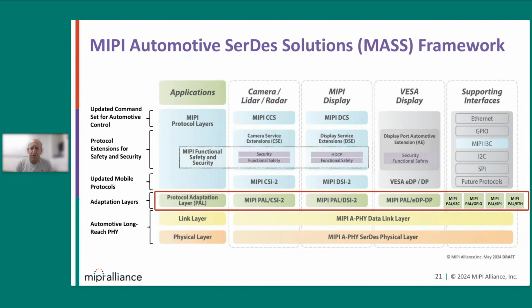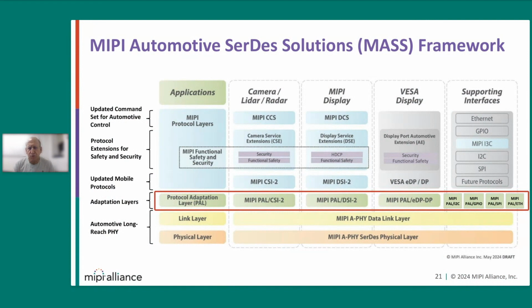If we look horizontally on the red marked layer, this is the layer of the adaptation layers, and the purpose of that is to take the native protocol of the application and adapt it for A-PHY, or represent it in A-PHY language, kind of. Okay, so you can see that the two main protocols that we are discussing are CSI2 and DSI2 for camera and display.